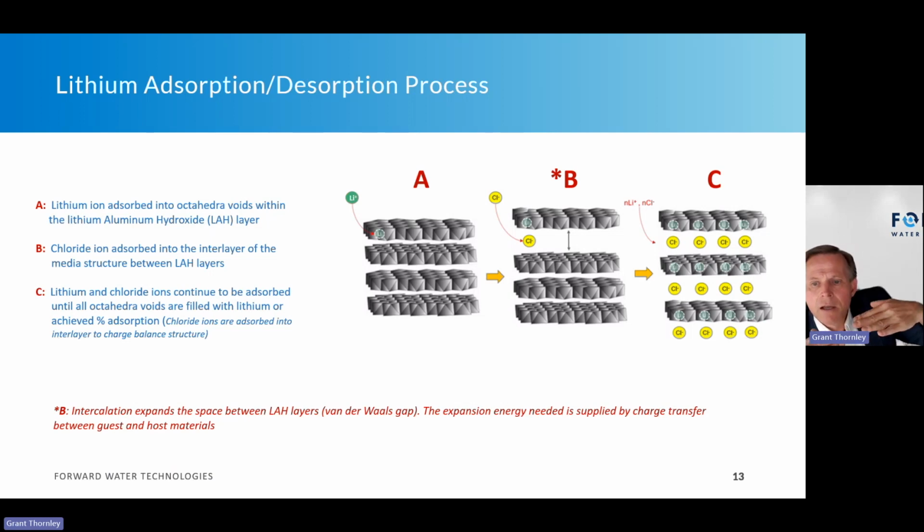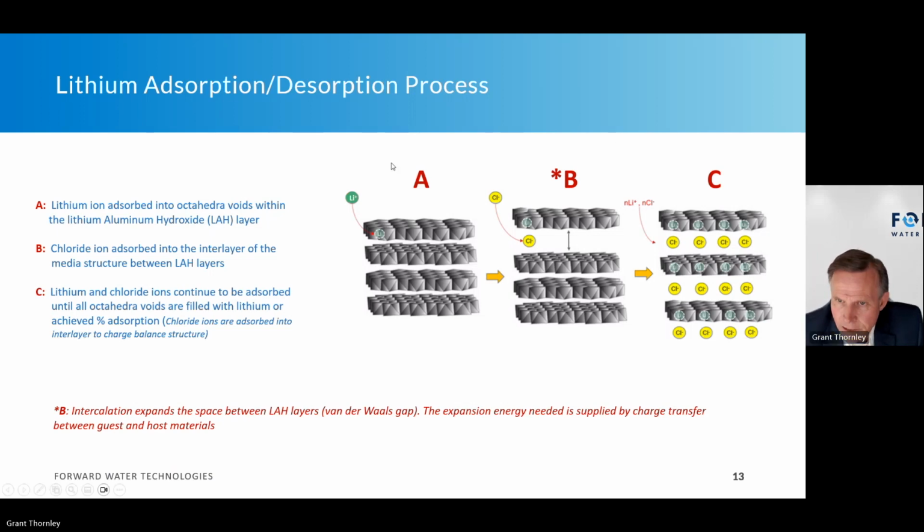It has weak van der Waals forces that basically pull and hold the lithium in place. Because it's not covalently bonded, the lithium can easily come on and off, right? Very different from covalent bonding, it's binding.